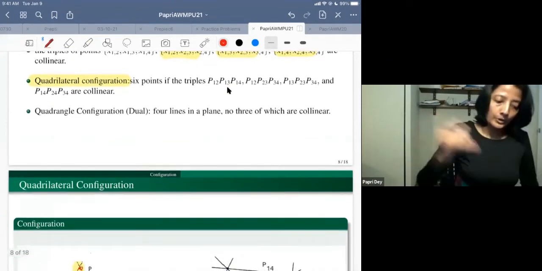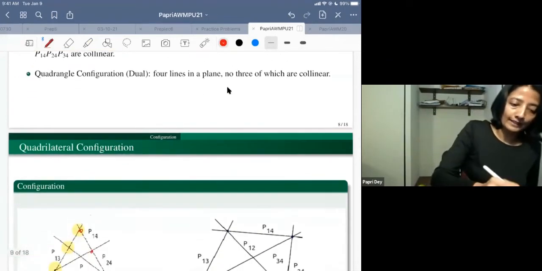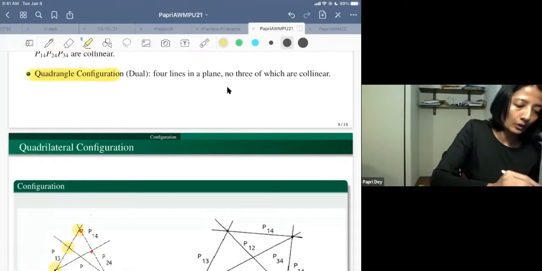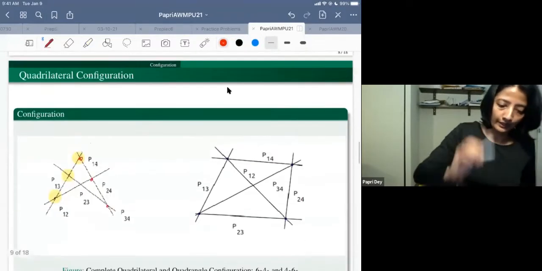And in dual projective space, we have 4 lines in a plane, no 3 of which are collinear. That gives us the quadrangle configuration, which is shown in this figure.